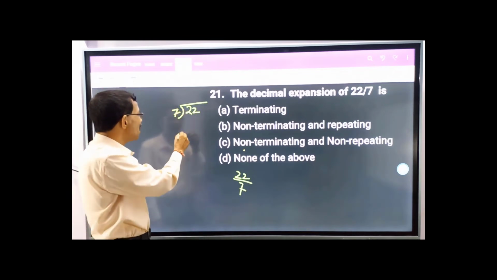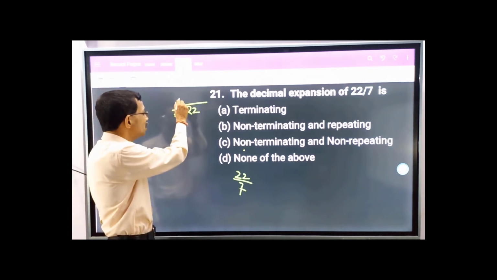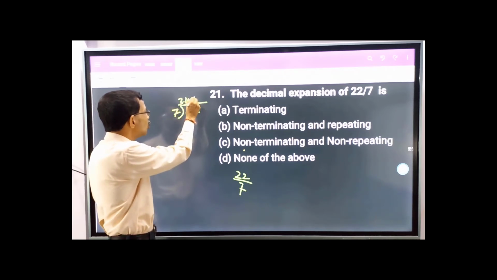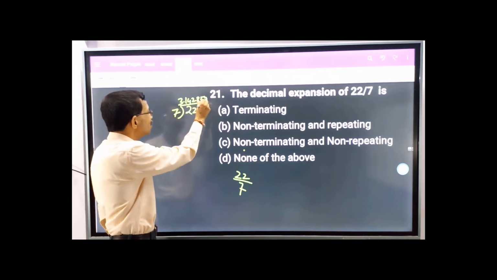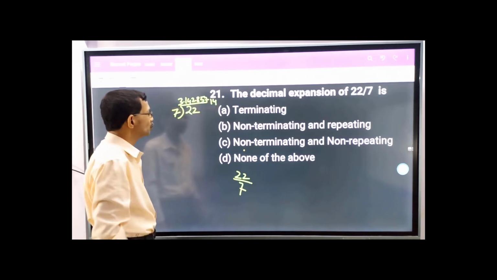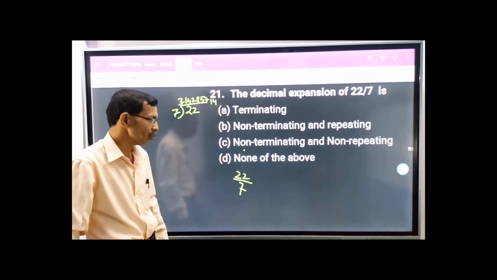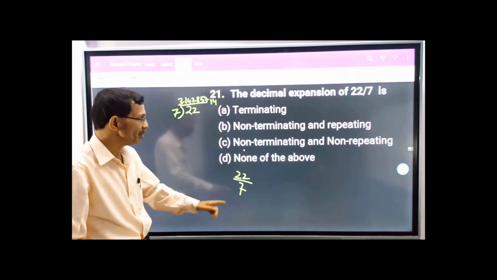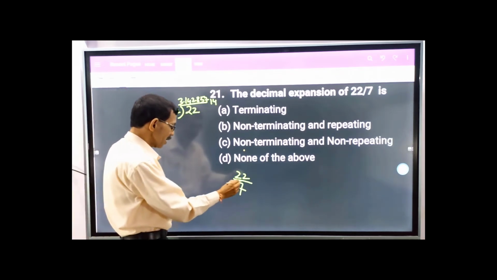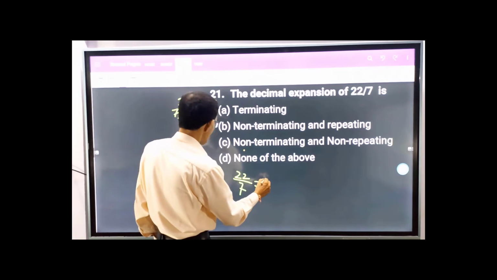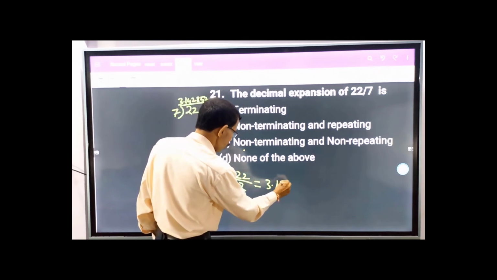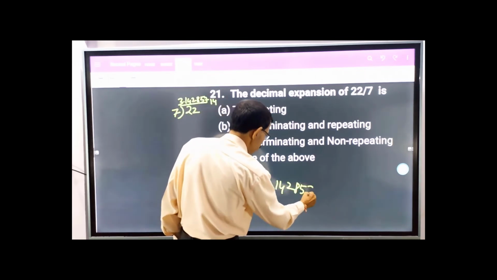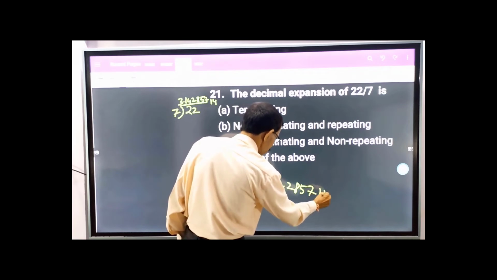So when you divide this, you will find that this will turn out to be 3.14285714, and it is getting terminated over here. So this is terminating. As I have told you, this value is 3.14285714.